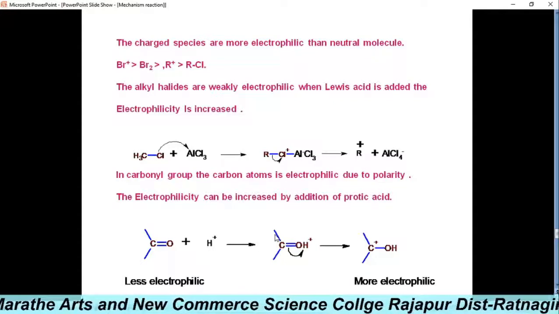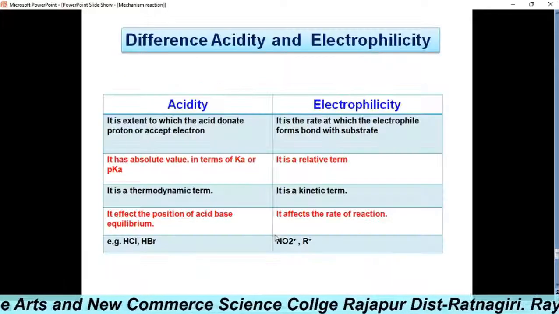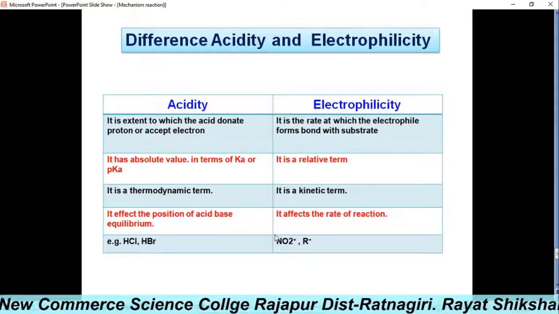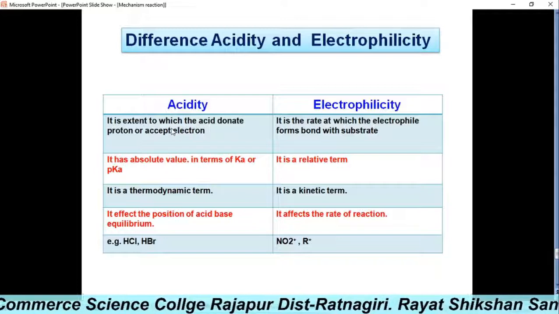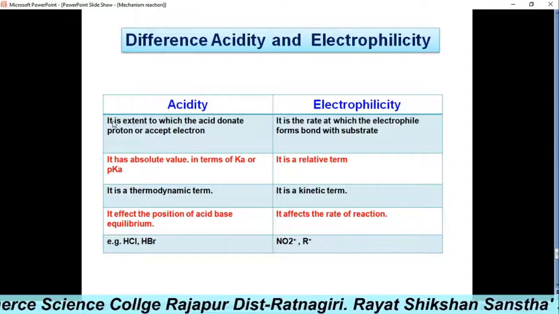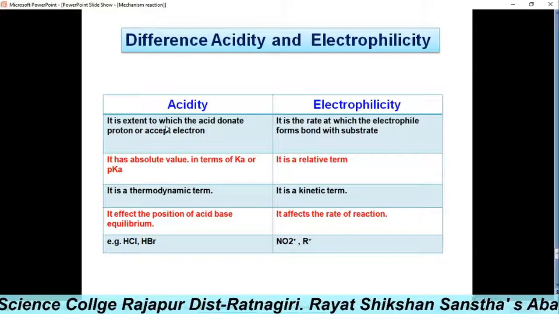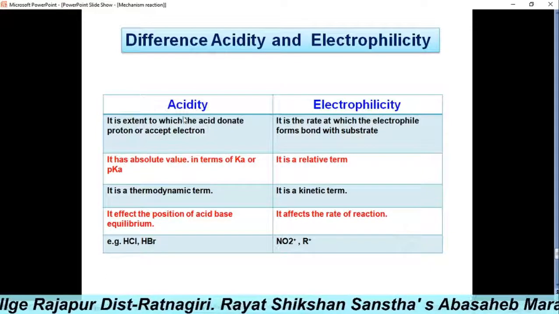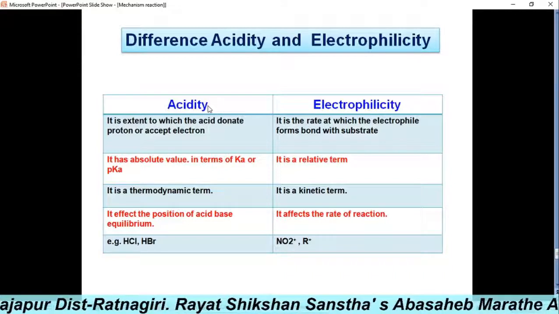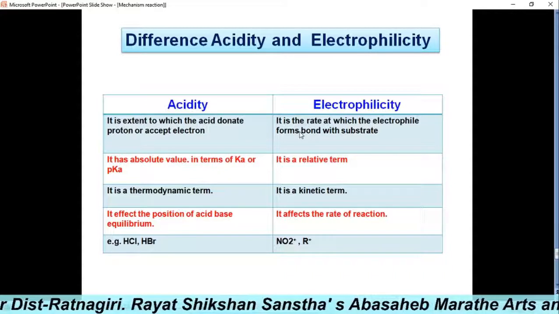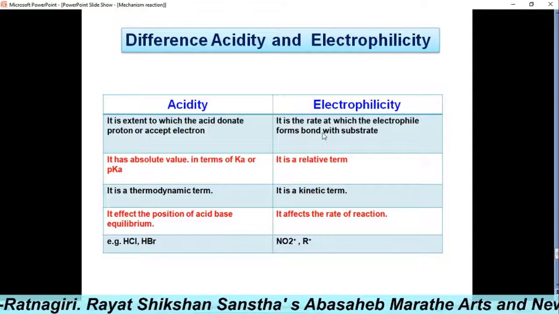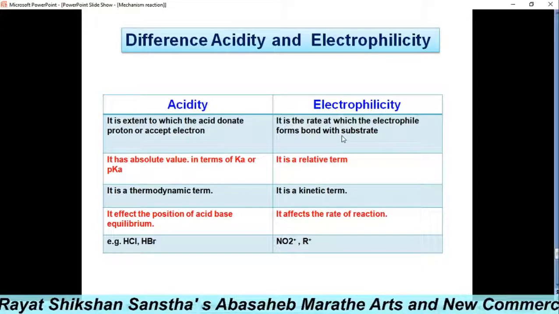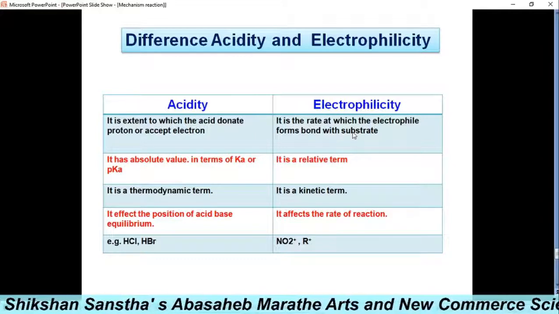Now let's see the difference between acidity and electrophilicity. The first point: acidity is the extent to which an acid donates a proton or accepts electrons. Electrophilicity is the rate at which electrophiles form a bond with the substrate.